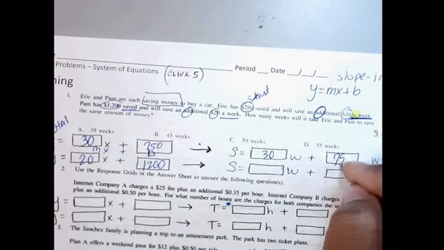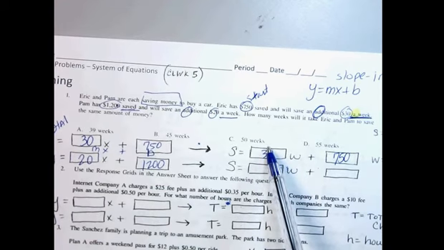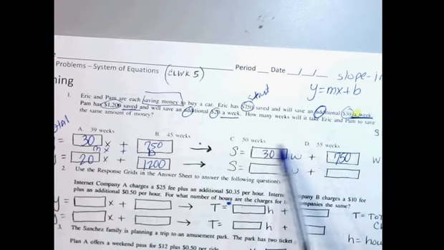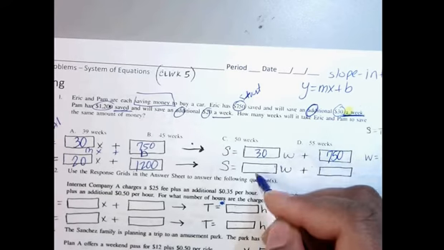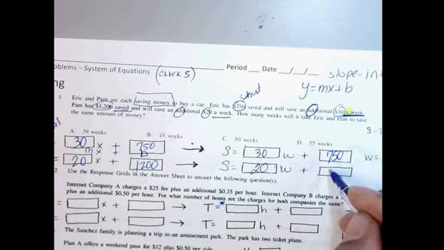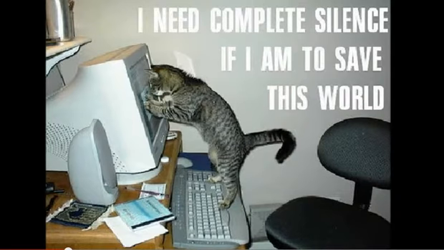We add the 750. Now, I know some of you are saying, you said next to the letter, so can I put it next to S? No. Remember, this is still in the form y equals mx plus b. So this would be the m spot, therefore 30 goes there. And remember, if 30 represents how much you're going to do a week, this kind of looks like 30 a week plus 750 already saved. So now we put in the 20, and now we put in the 1,200.